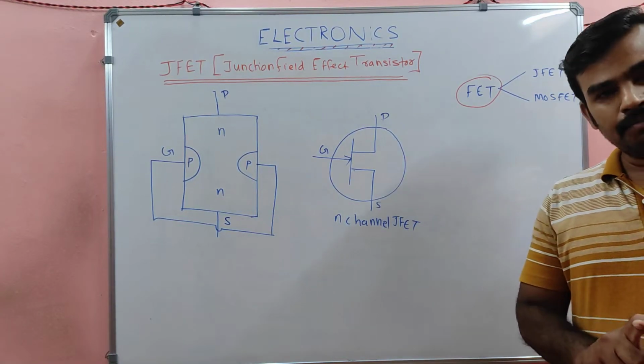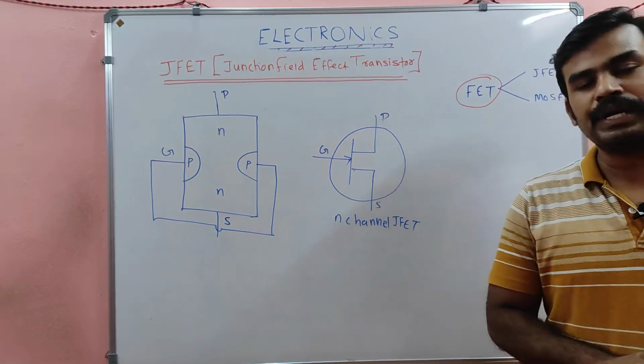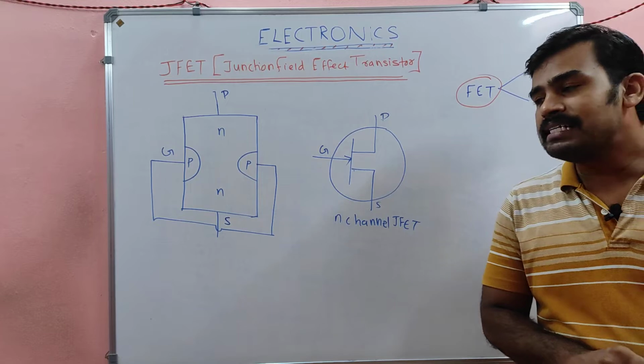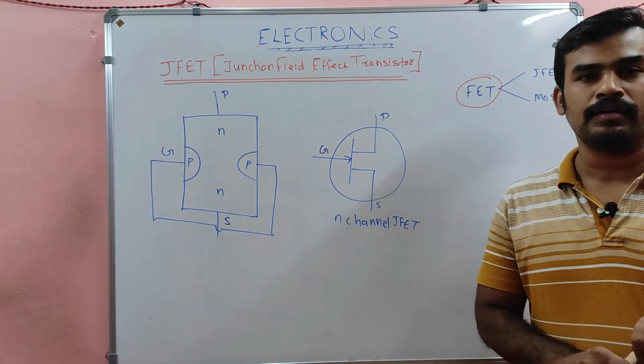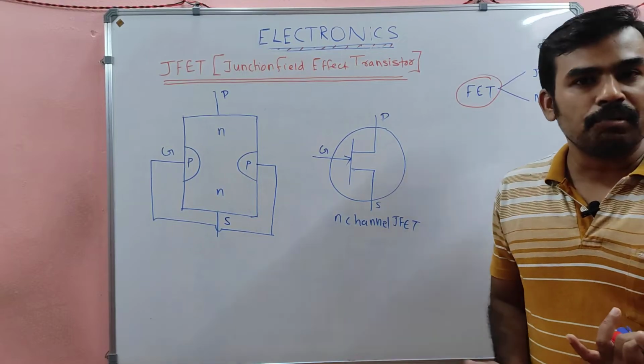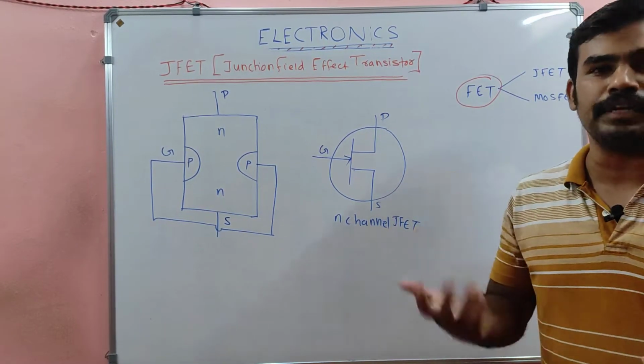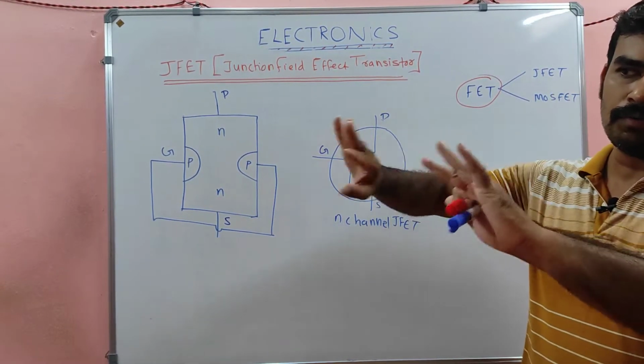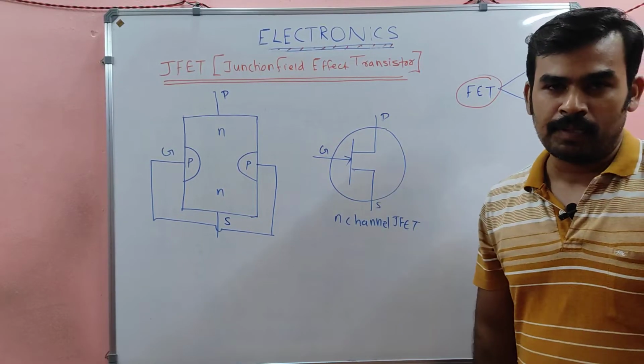One, the input impedance is very high. The advantage is that noise signals will not interfere into the circuitry where we are using the FET, because it offers a very high input impedance.